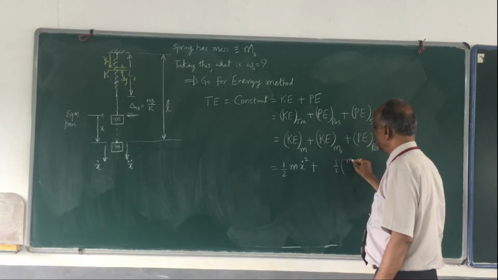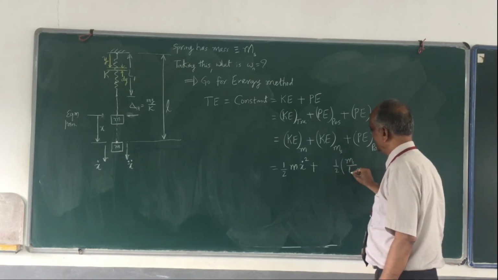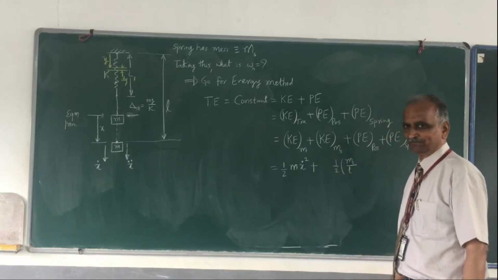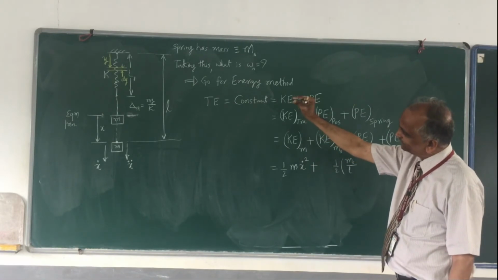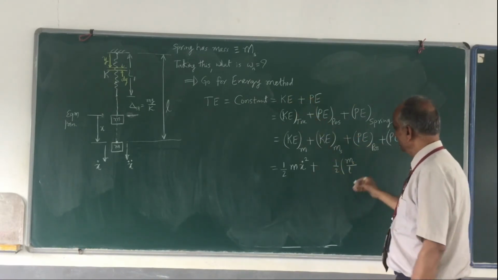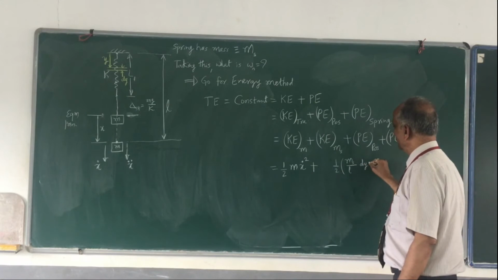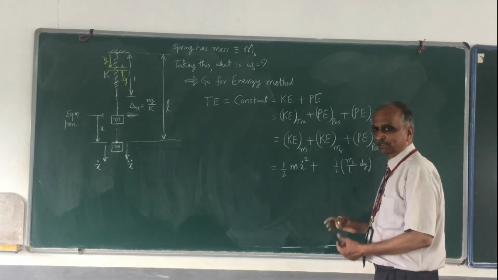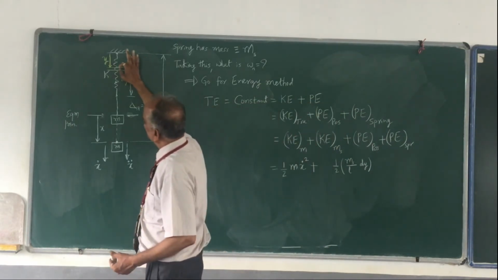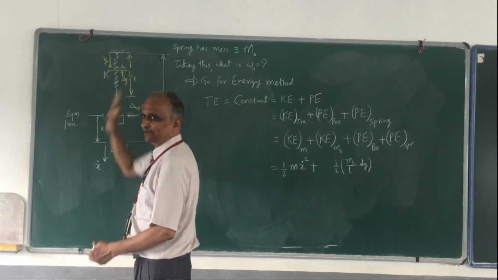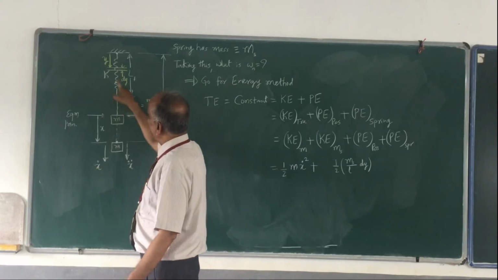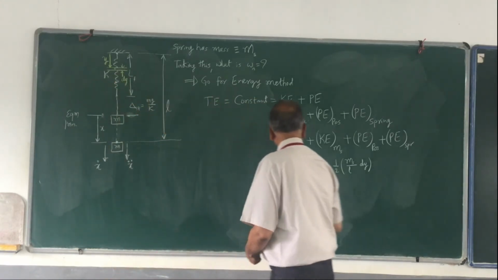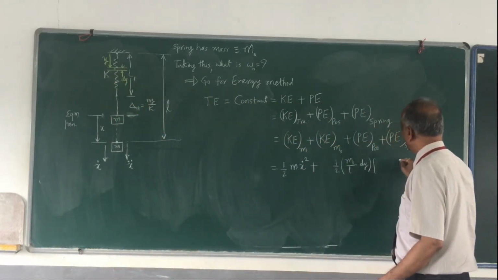The mass of the spring is ms, divided by L, which is the mass per unit length. And the length of my small element is nothing but dy. So ms divided by L into dy gives you the mass of this small element. And now this is multiplied by the velocity of that element square.